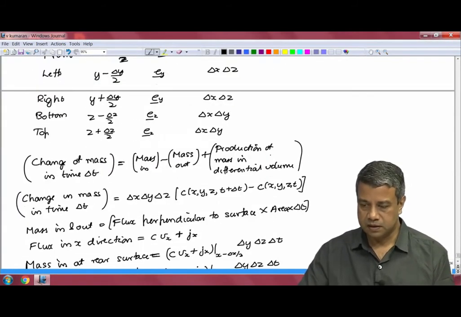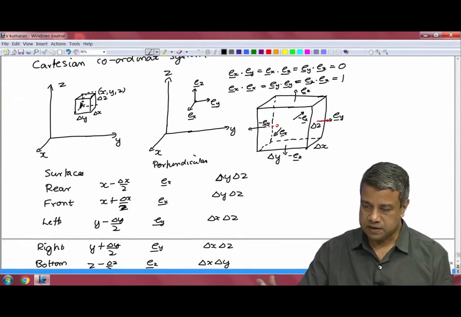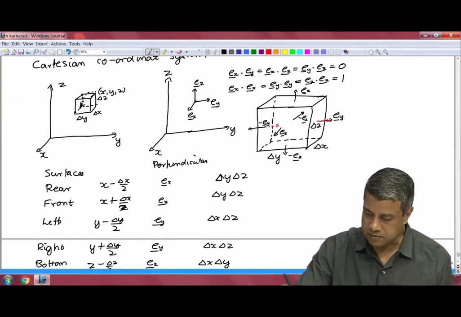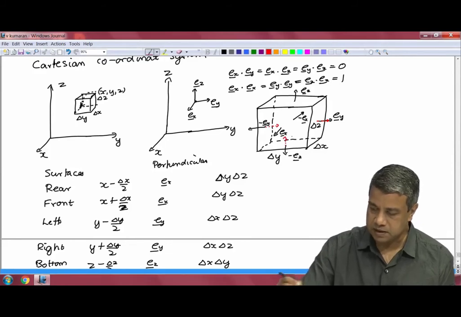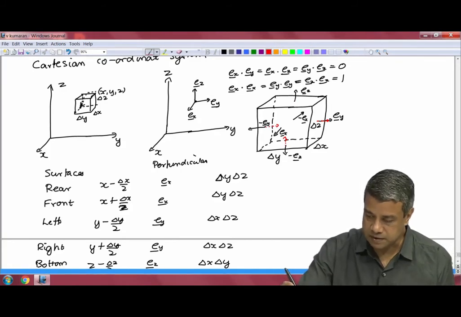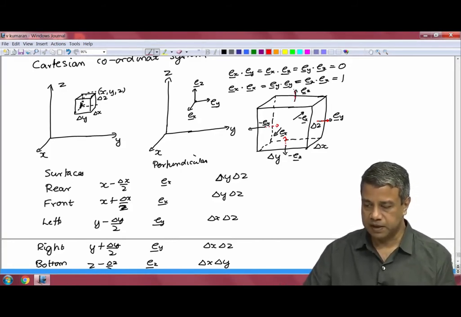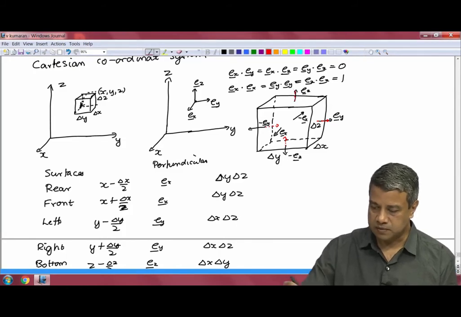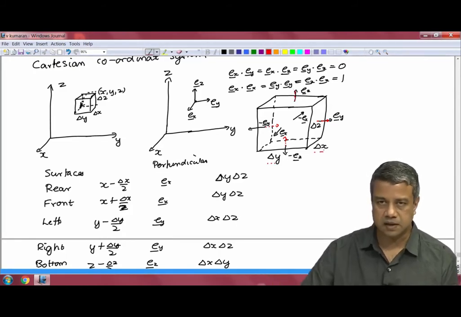If the flux is in the plus z direction at the bottom surface, that means that there is mass entering this volume. And if there is a flux in the plus z direction at the top surface, that means that the mass is leaving. And the surface area of the top and bottom surfaces are delta y into delta x.